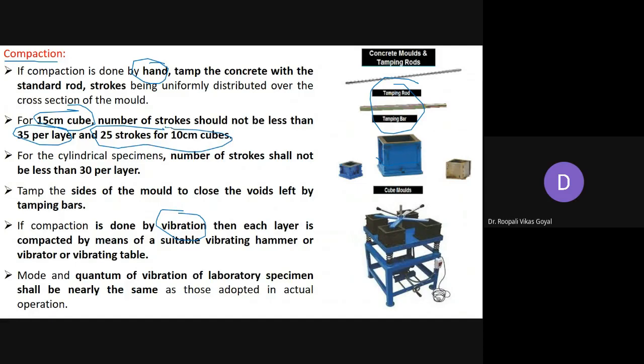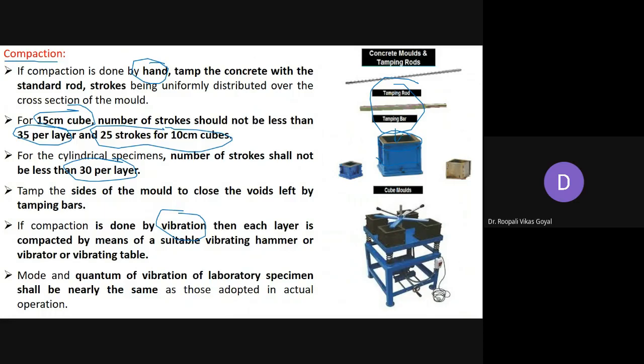Okay, so 15 centimeter, 35 per layer; 10 centimeter cube, 25 strokes per layer. And if it is a cylindrical specimen, the strokes should not be less than 30 per layer. And all the tamping should be applied all over your particular cube mold, so that no void should remain there. Okay, so proper compaction is very essential.